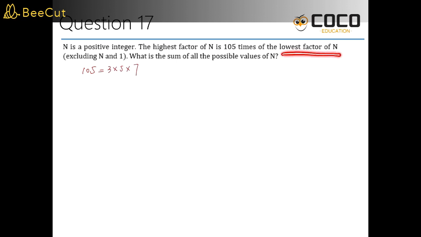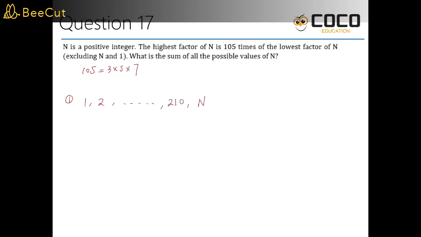Now, the lowest factor of n other than 1, so there are two possibilities. Case 1 is this factor is 2, so that's the second lowest. And there is 105 times 2, which is 210.